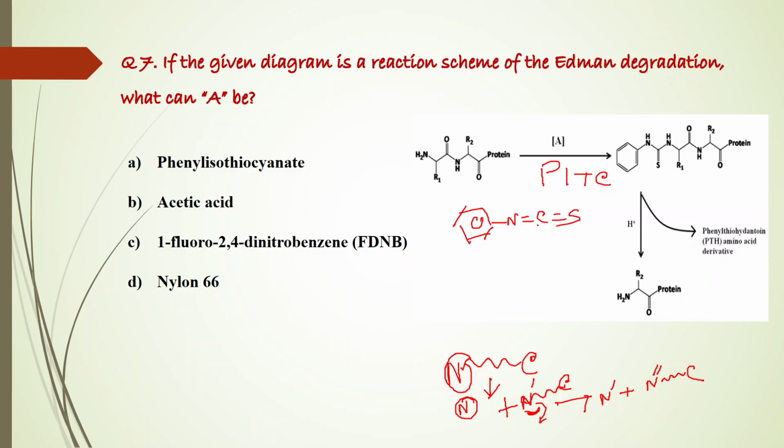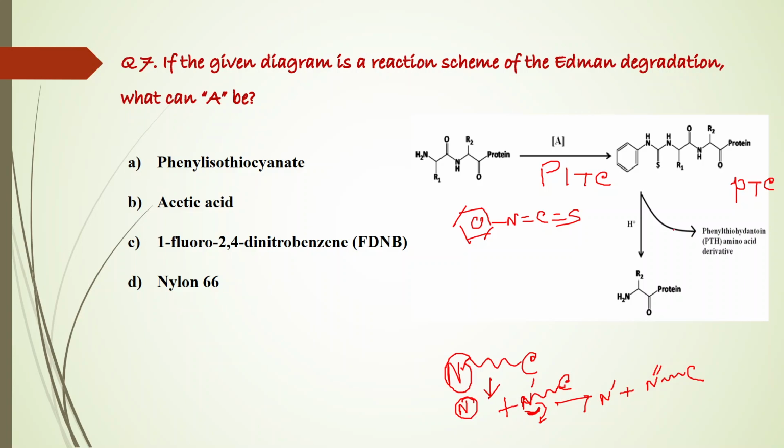You can see that the NH2 of the N terminal amino acid reacts with this carbon center and forms this particular molecule, which is otherwise known as PTC or phenyl thiocarbamyl moiety.